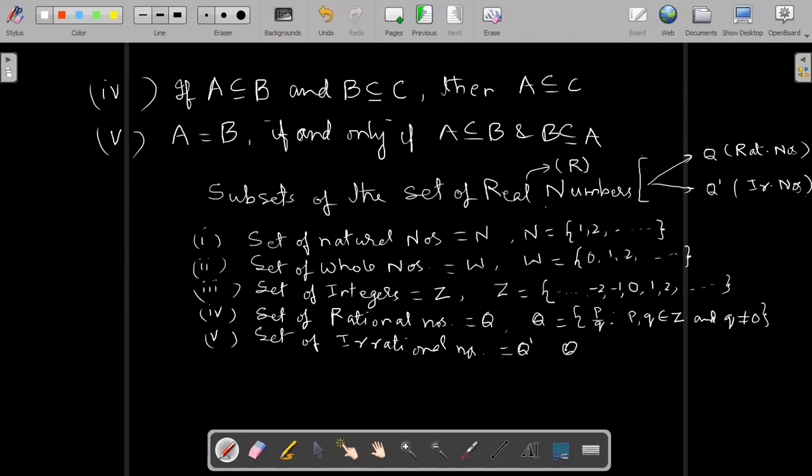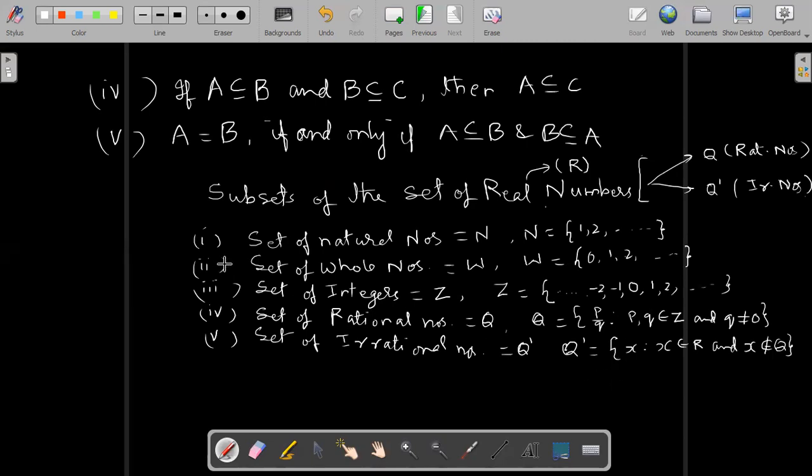And Q dash is the set of all x such that x belongs to real numbers, all real numbers except rational numbers, that means x does not belong to the rational numbers. Like this, we have to write the set of irrational numbers. Okay, so got it.